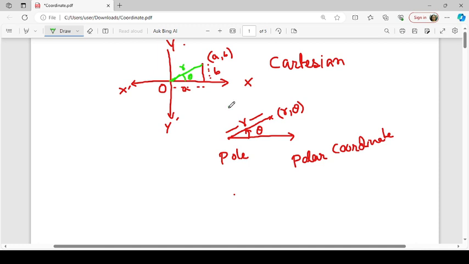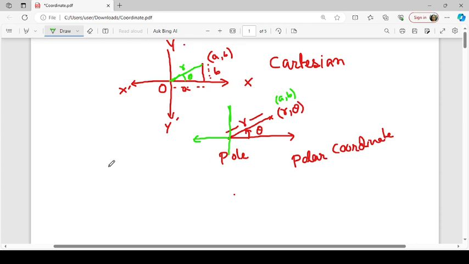We draw one vertical line here and extend it in the opposite direction, so we can consider this as x-axis, this as y-axis. Then this is the point (a, b) in Cartesian, and this is polar, (r, theta).